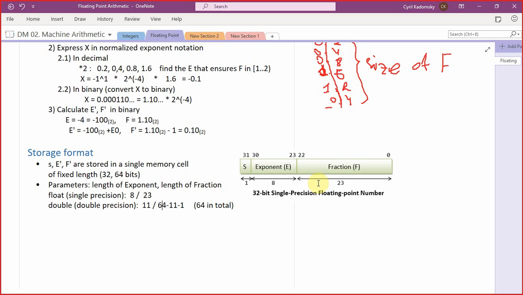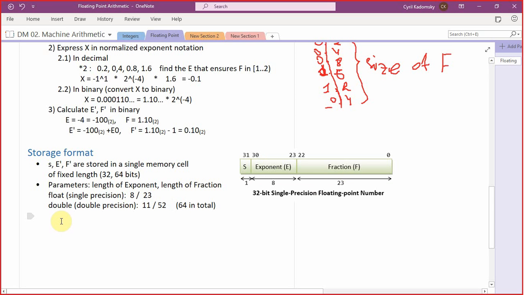It would be 52. It seems 53, right? So 52 bits for fraction. Okay, these are two standards, and depending on how many bits you have in fraction and exponent, it will define both E0 and the number of bits in the fraction.